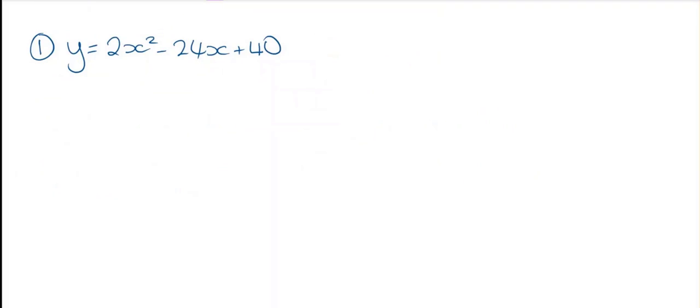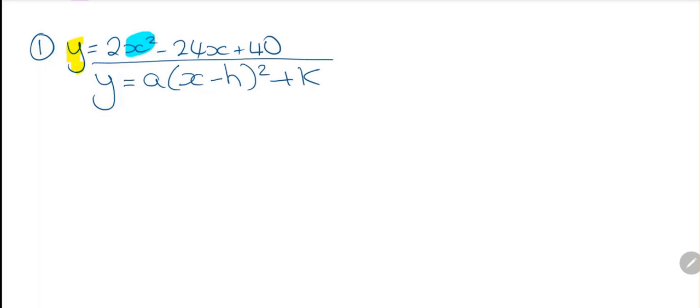Okay, so if you look at question 1, we have a y and this is an x squared. So the equation that we're going to look at is y is equal to a(x minus h) squared plus k. So this is the form that we need to rewrite.